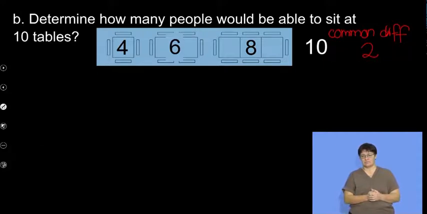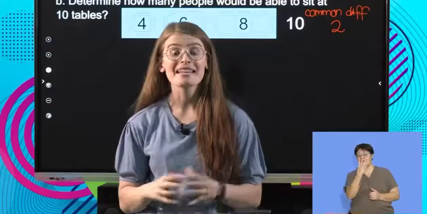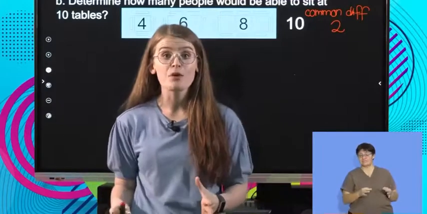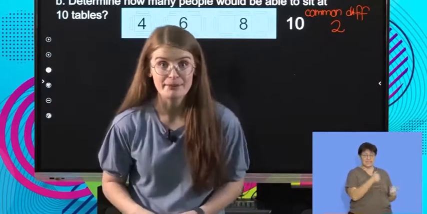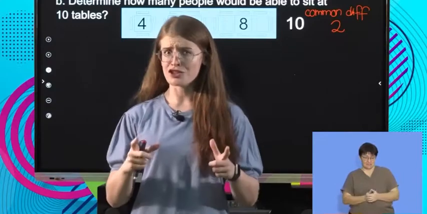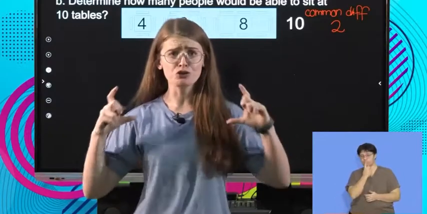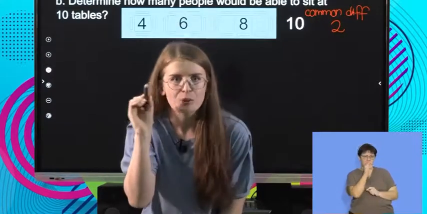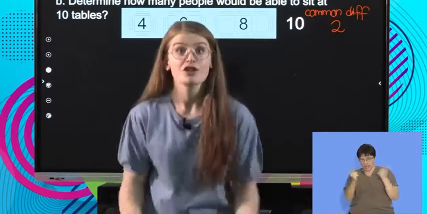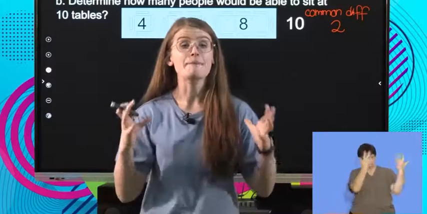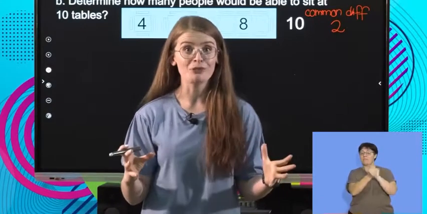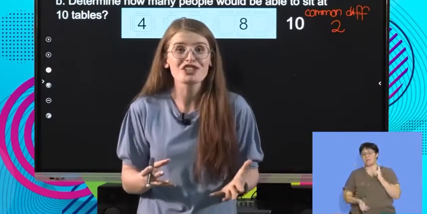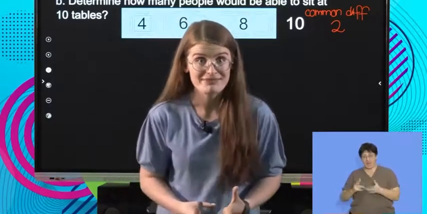The question that has been asked of us is to determine how many students will be sitting at 10 tables. Now what we're going to do is try and find a mathematical rule to help me instead of me sitting and drawing 10 little squares, which would be a bit of a mission. So let's look at the mathematical rule that could help me determine how many students will be sitting at 10 tables.